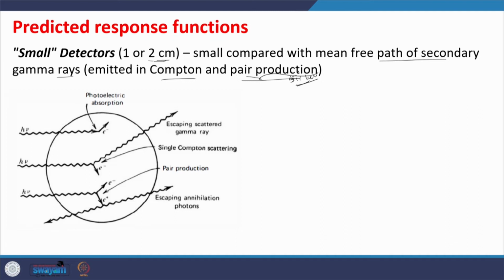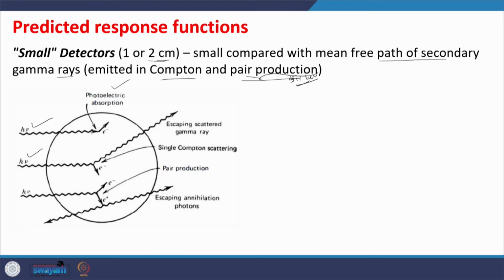This diagram shows the small size detector in which the h nu gamma photon can undergo the photoelectric effect. This gamma can undergo Compton scattering, and Compton scattering can happen once or more than once. In single Compton scattering, it undergoes scattering only once, and the scattered gamma ray escapes from the crystal.